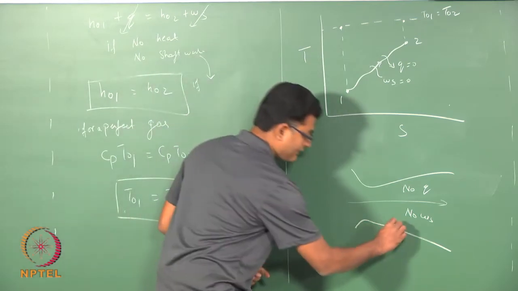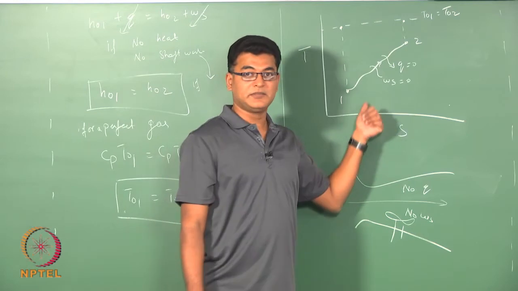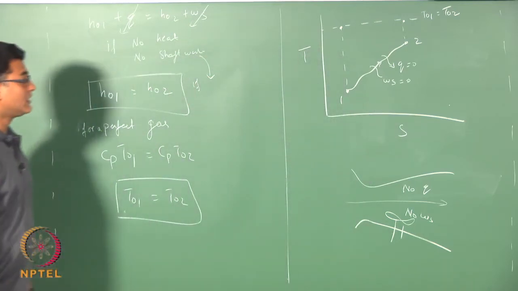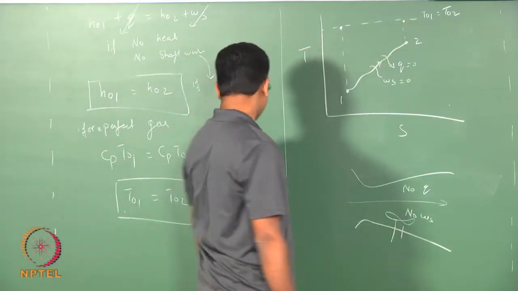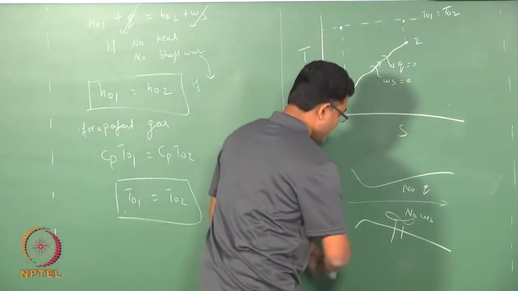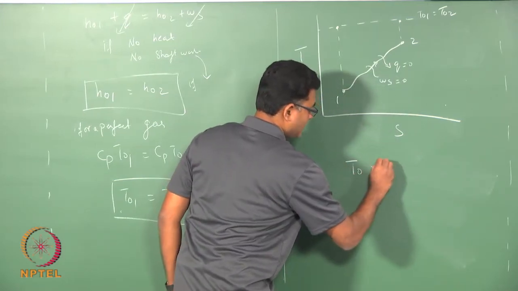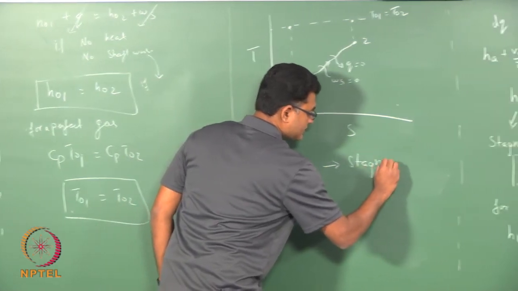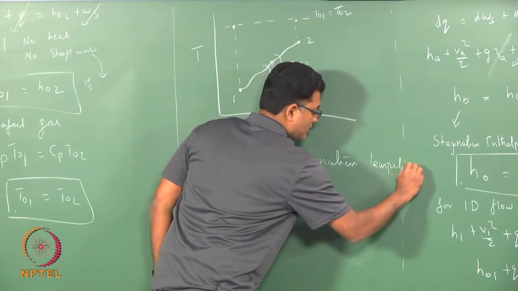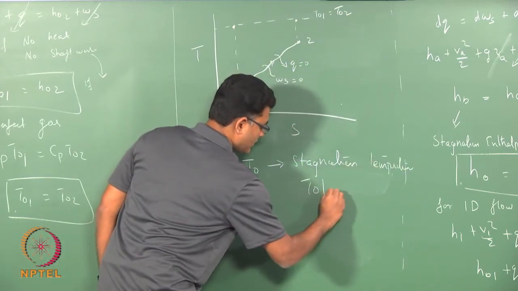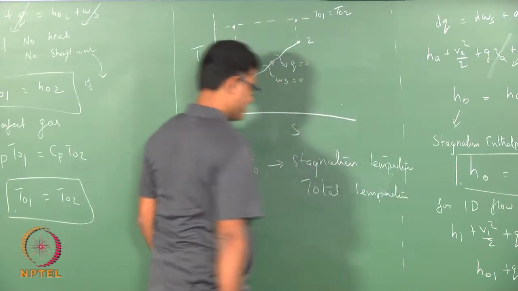But if I have a propeller here, I cannot assume this. That is the meaning of constant stagnation temperature. There is no loss in stagnation temperature. So, this T01 or the T0 is called your stagnation temperature or your total temperature.